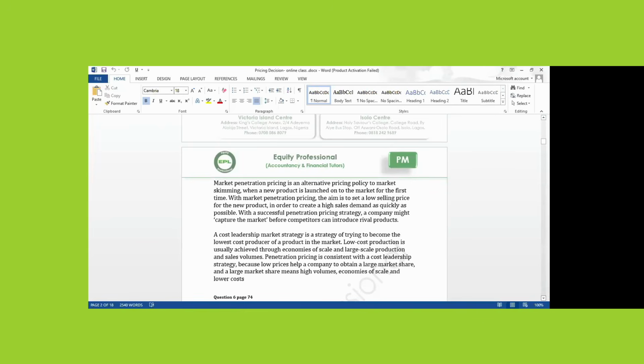For market penetration to work, the company must be a cost leader.